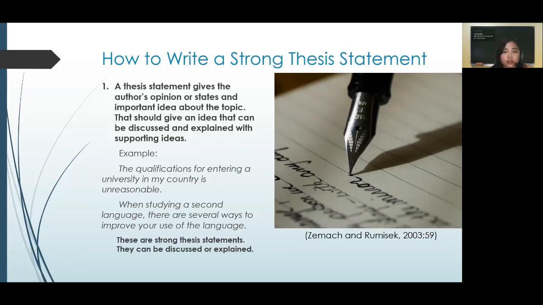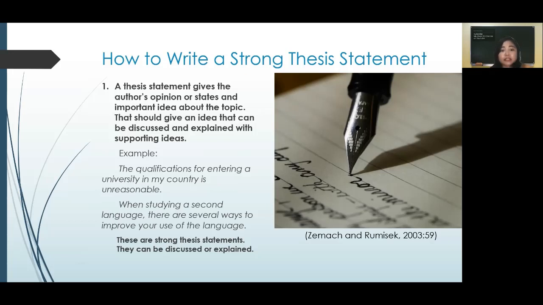So the thesis statement should raise an issue that can be discussed or explained in the next paragraphs, the supporting paragraphs, or the body of your essay.